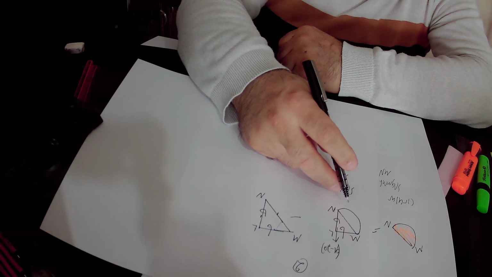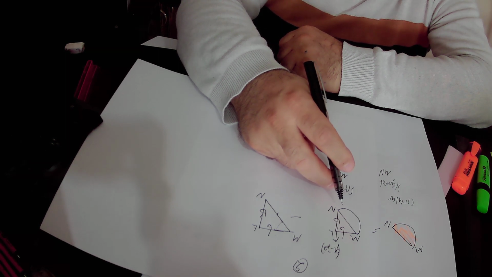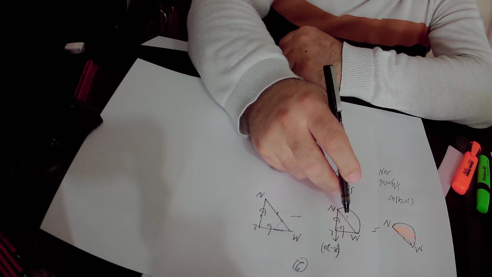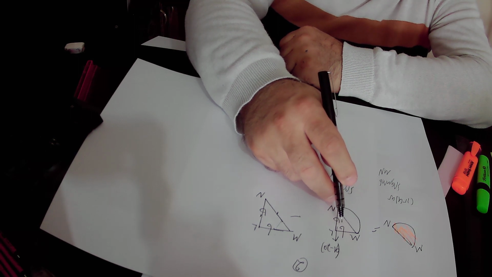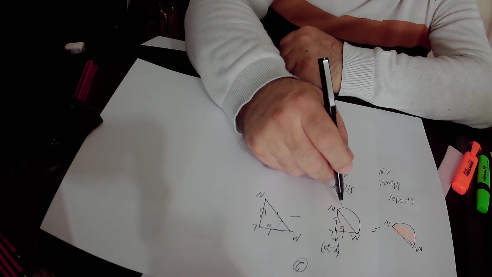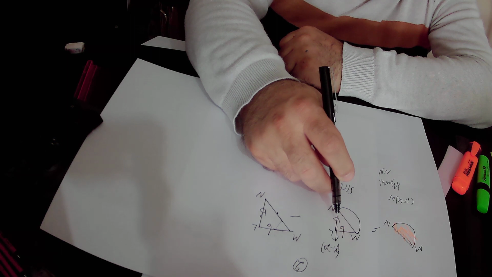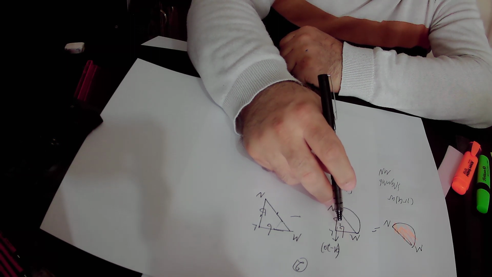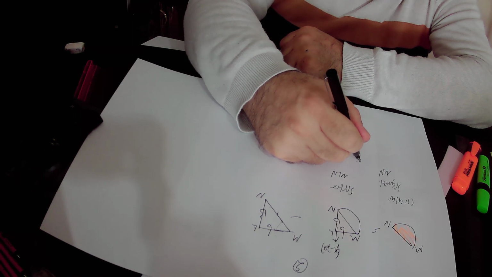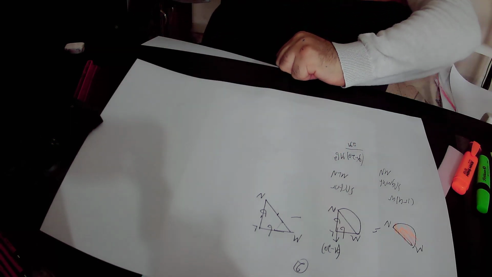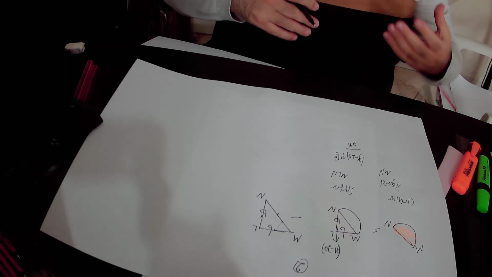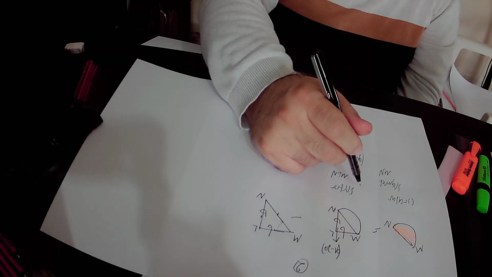It is the area of the circle times the percentage that this sector occupies out of the whole circle, and that percentage will be equal to the size of the angle between its legs, that is pi minus 2 theta, over 2 pi, that is the angle of 360 degrees.